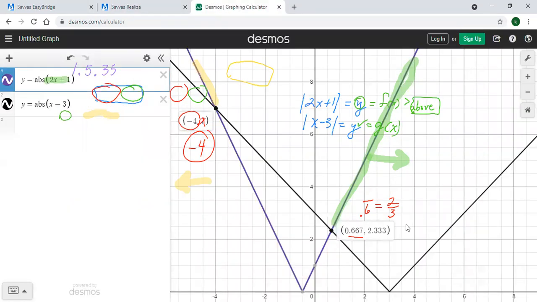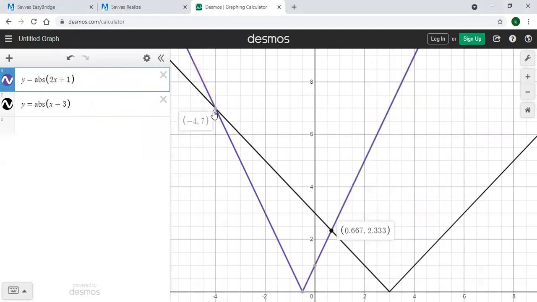I got a lot of stuff scribbled on the screen. I'm going to clear this screen so we've got a -4 here. The 2x plus 1 is above, outside of there, so to the left of the -4. 0.667 is 2/3, and it's above to the right.